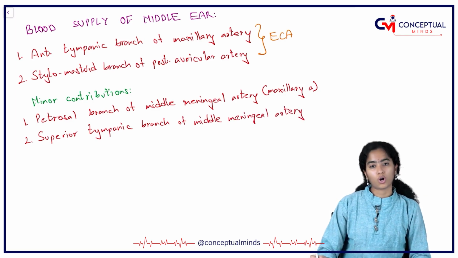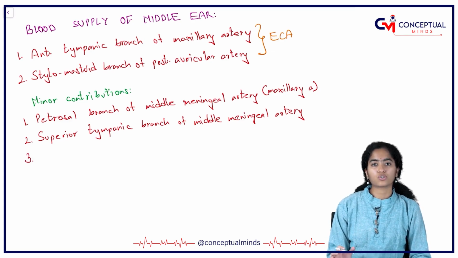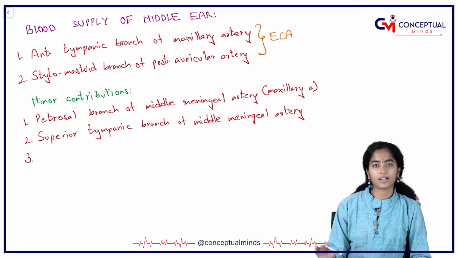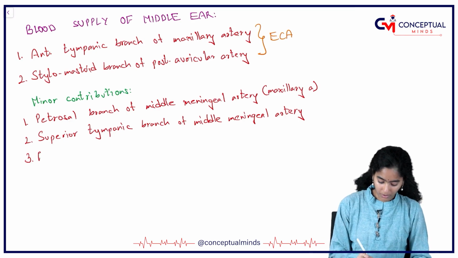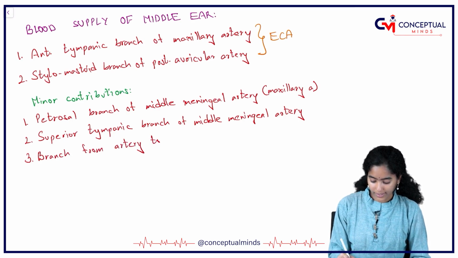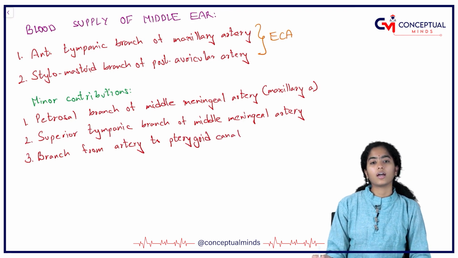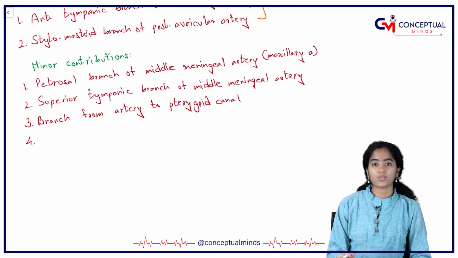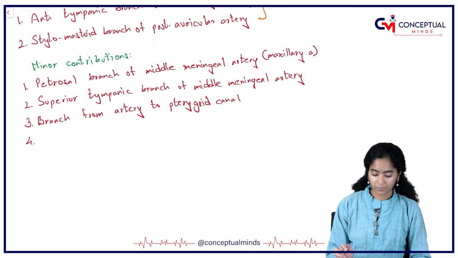This is also contributing. Then we get a branch from artery to pterygoid canal. There is an artery whose name is artery to pterygoid canal, and that artery is also giving a branch. And now this artery to pterygoid canal is also a branch of external carotid artery.